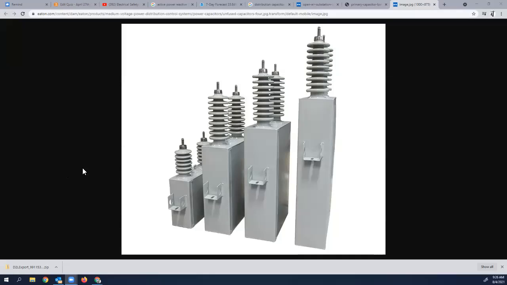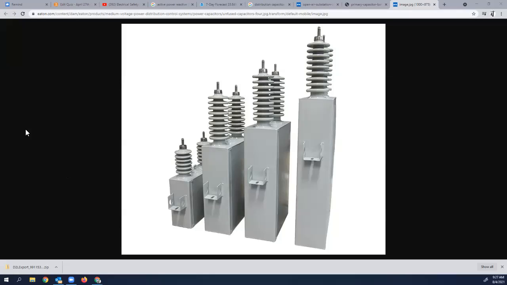Okay. All right. So each one of these capacitor banks, let me stop this share, start another share. So a capacitor bank itself has capacitor cells in the bank, and you'll see the different sizes here.